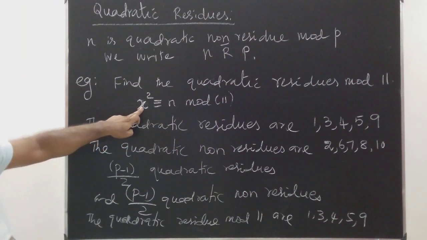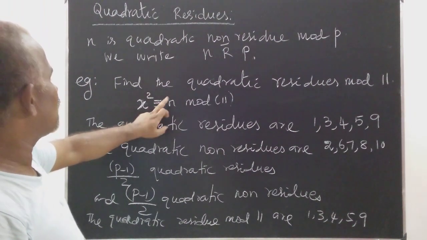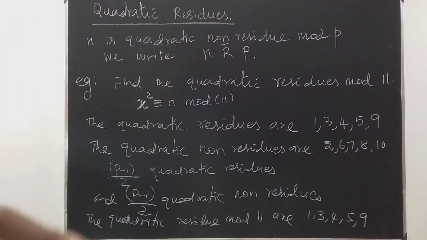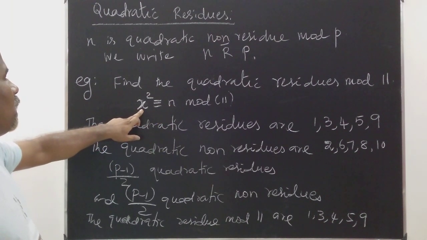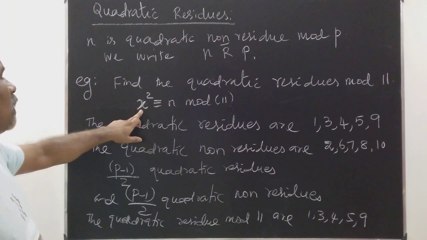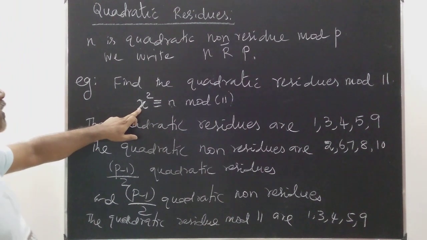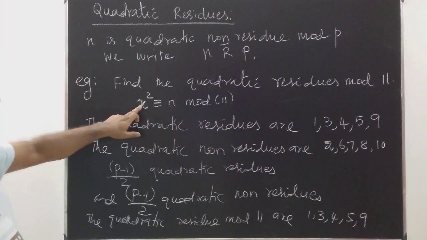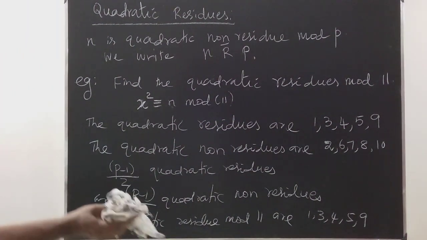For n equal to 3, what will be the x? 1 square is 1, 2 square is 4, 3 square is 9. So n is equal to 3 square, x is also 3. n is equal to 5, x is also 5. So automatically it satisfies.